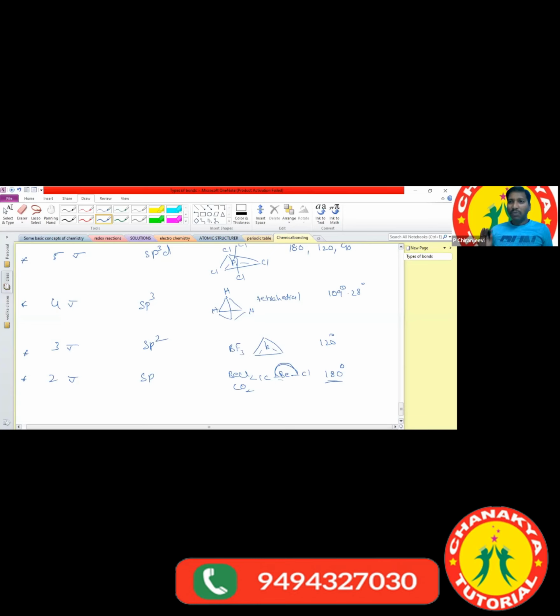Tomorrow, sir, is this JEE Mains level or MSET level? It's completely JEE level. However the paper will be, I'm going to give. Whatever standard they maintain, JEE level, that standard only I can give.